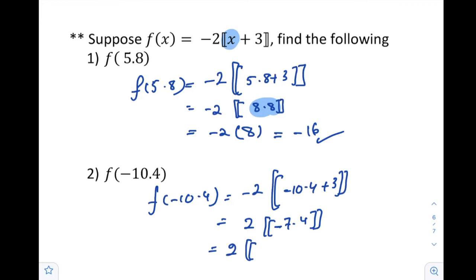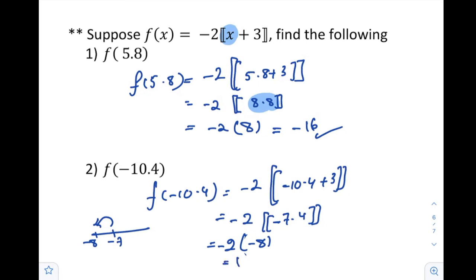If it is positive, then it goes to 7. But since it is negative, -7 is more than -8. So you go to the lesser one, which is -8. So this greatest integer will turn to -8. This is -2, we will not change. And -2 times -8, now it is +16. I showed you the difference between both cases.